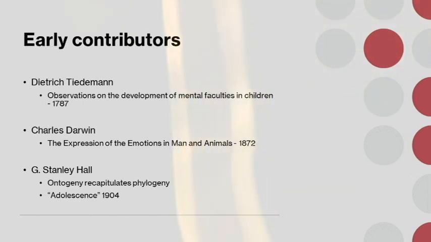Now, this idea has kind of fallen out of favor, but it was very popular for a great deal of time. And indeed, people will still sometimes talk about the reptilian brain, which refers to the most primitive part of the human brain. And it harkens back to this idea of G. Stanley Hall and ontogeny recapitulates phylogeny.